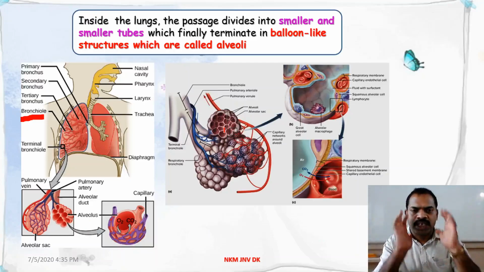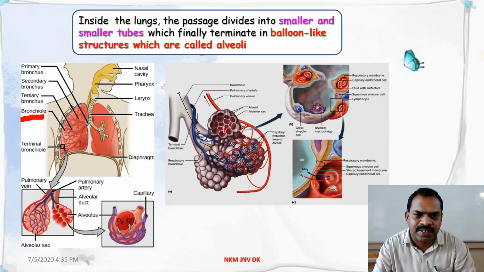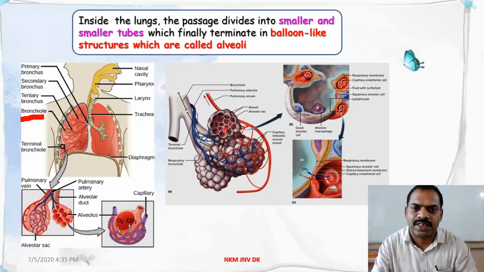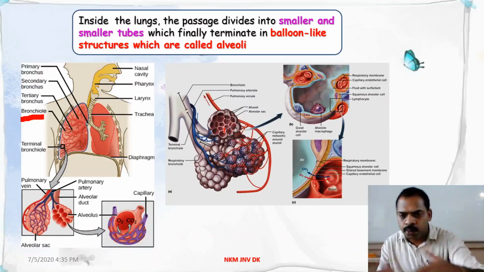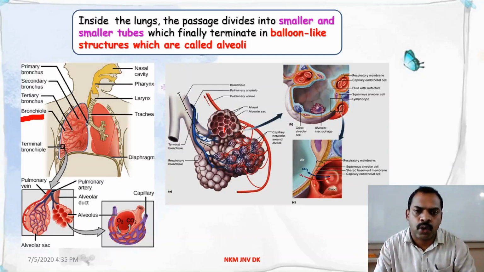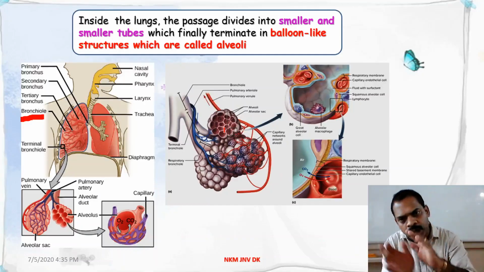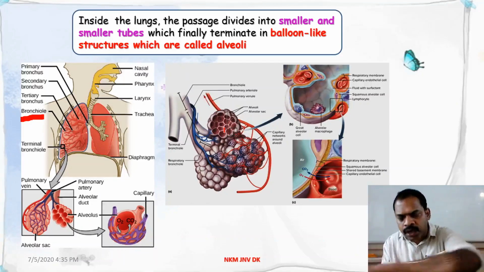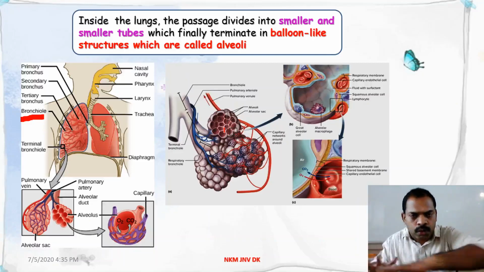Do you know the surface area of the human lung? It is equal to a tennis court, a double, both sides court. If you spread all the alveoli of both lungs together, it will be that big.